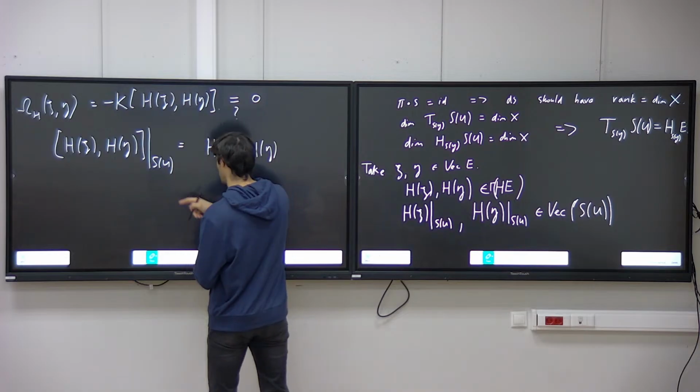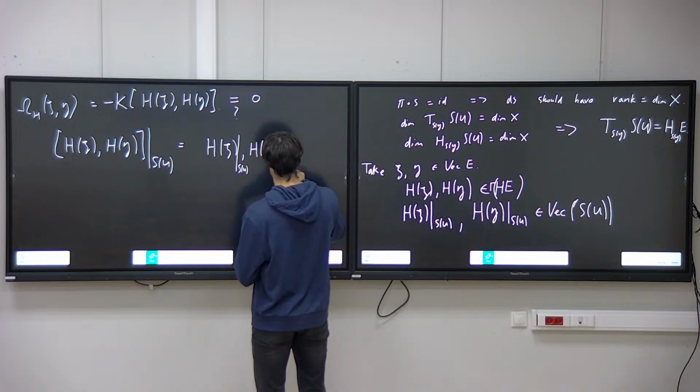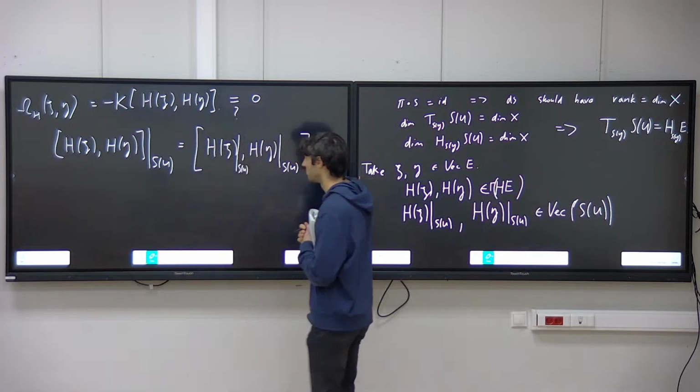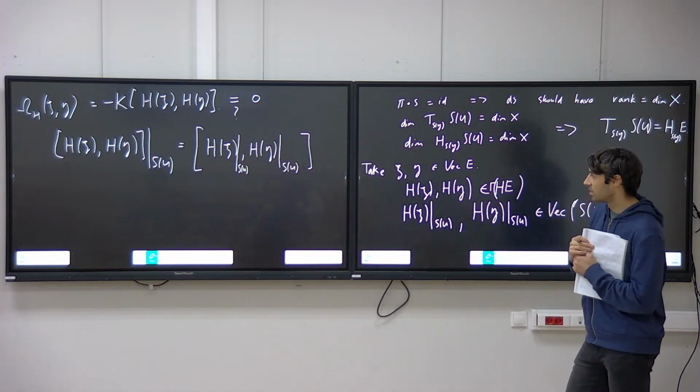So this commutator behaves well with respect to restrictions. That's what I mean. It was just from homework.